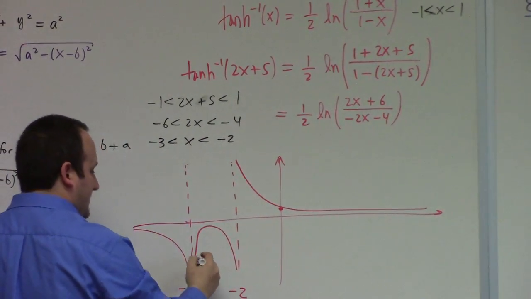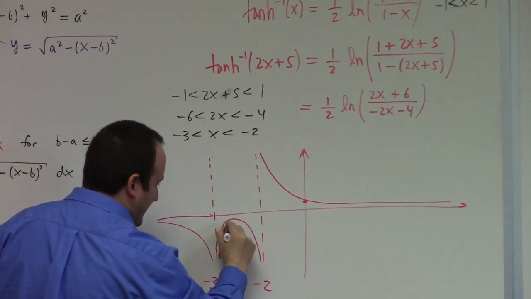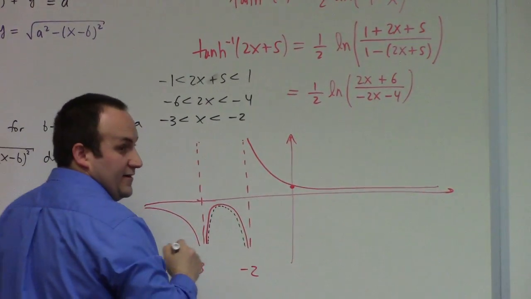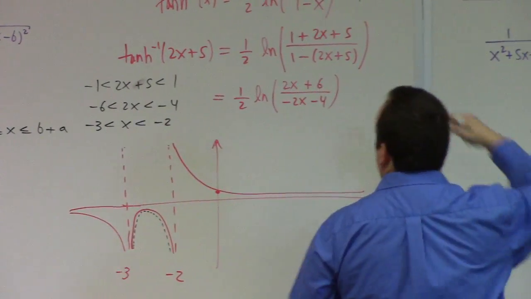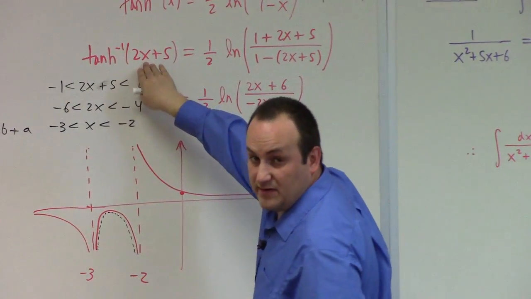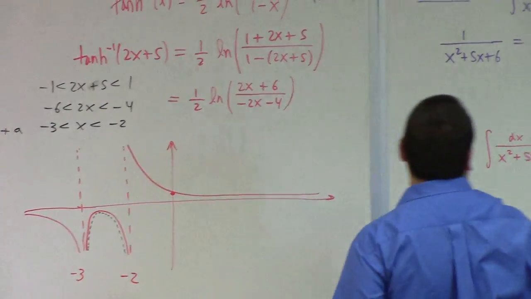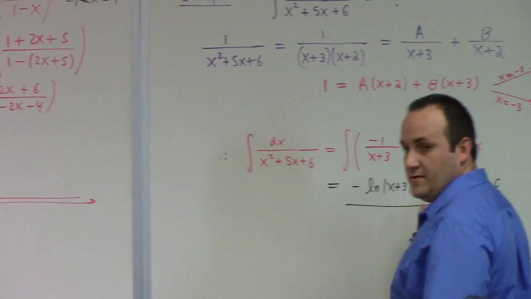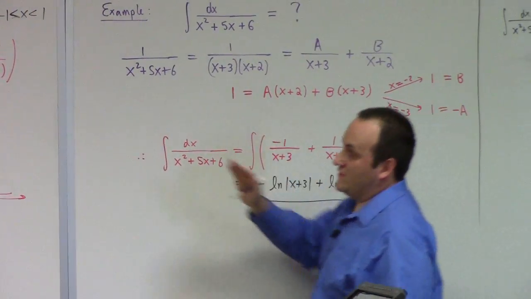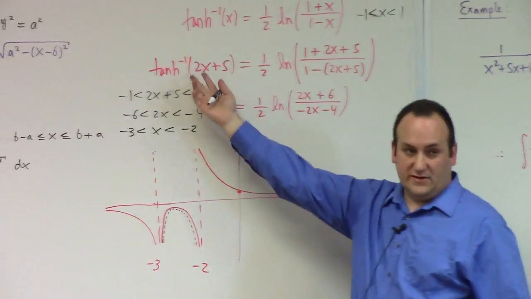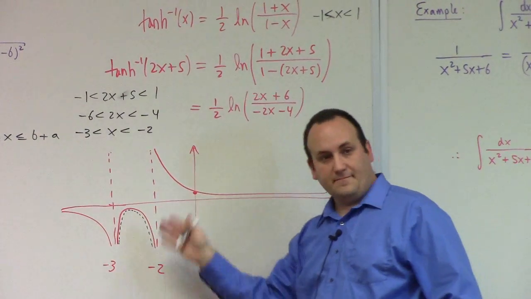Like I was speculating, it's only here where I can compare this inverse hyperbolic tangent of 2x plus 5 with these guys. Because that expression, inverse hyperbolic tangent of 2x plus 5, is only defined in here. So yeah.